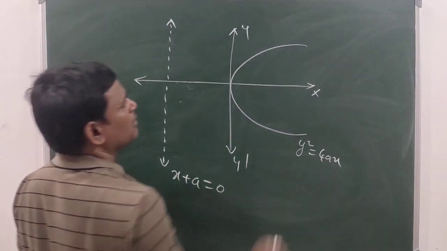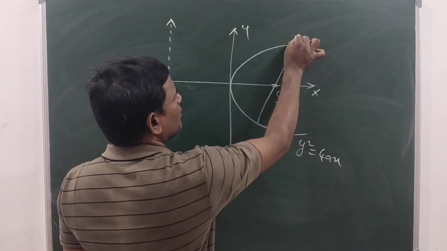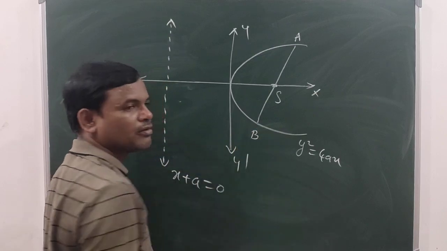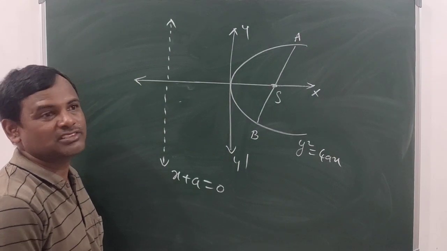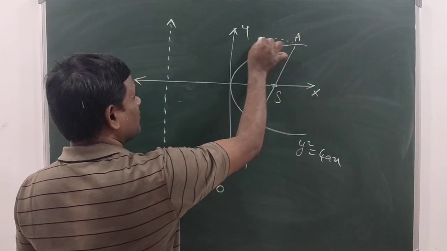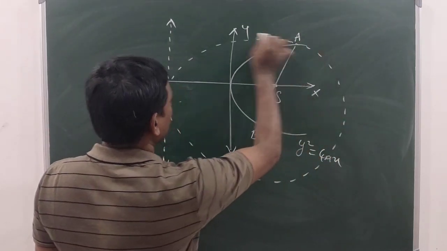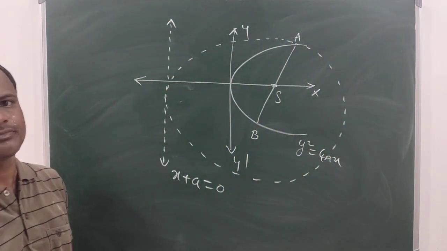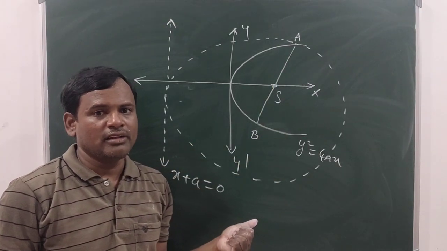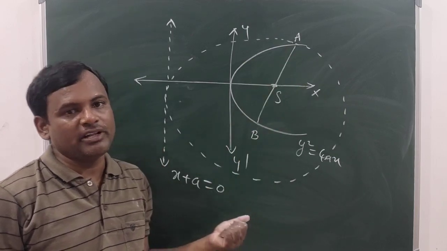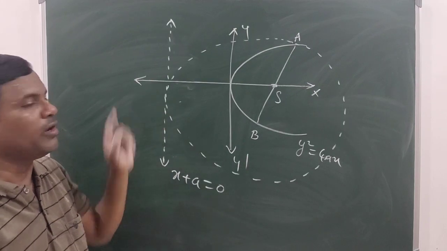We know this. So here it is one focal chord. What is AB? Focal chord. Now take AB as diameter and draw one circle, which touches this directrix. If you draw the circle by taking AB as diameter, then that circle touches the directrix at one point.